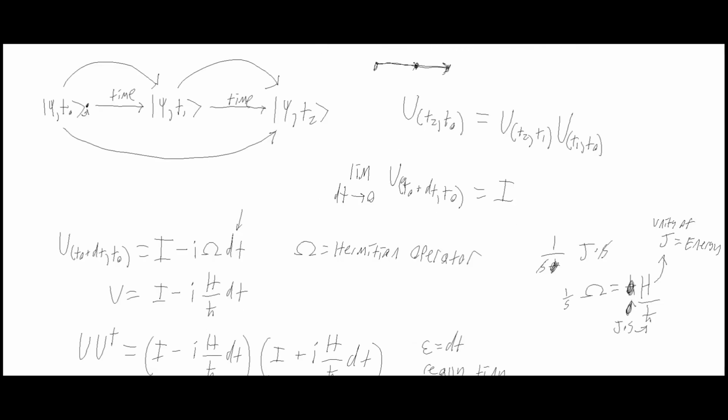Then we said that in the limit where the change approaches zero, we're at the identity, and so if there is some tiny change, we could express that as the identity matrix minus some very small change.